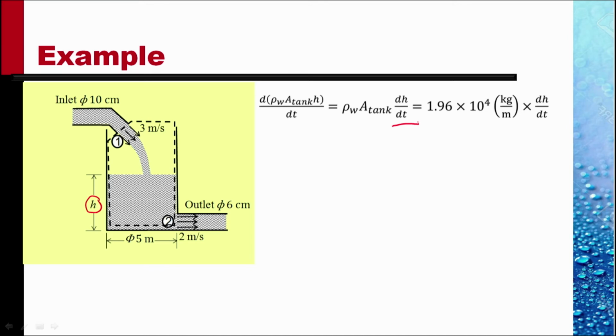This should be equal to the net influx of water into the tank across the control surfaces. There is an influx across 1 and there is an efflux across the surface marked 2. So the net influx is the water crossing the surface at 1 minus the water crossing the surface at 2.